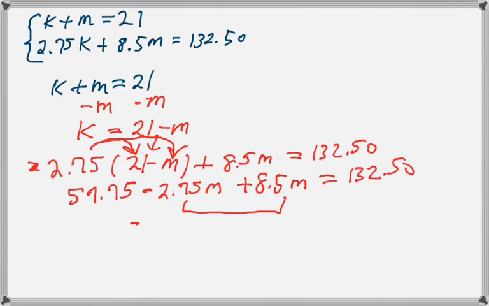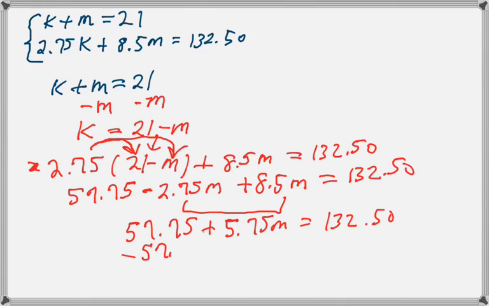So now we have 57.75 plus 5.75 M, which equals 132.50. Okay, we're going to subtract 57.75 from both sides.